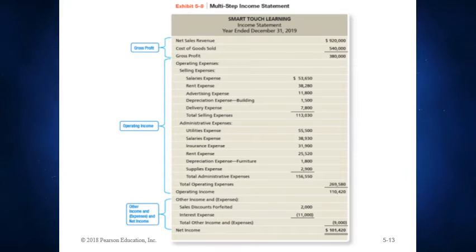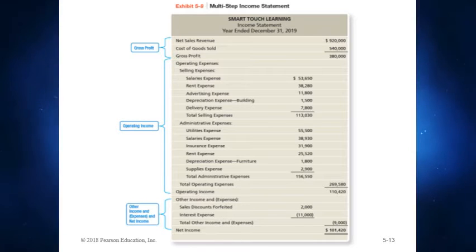And then from there we have our selling expenses and our administrative expenses. It breaks those down into two categories, gives subtotals in between, and then we have our total operating expenses. We take our total operating expenses from our gross profit, and that gives us our operating income.